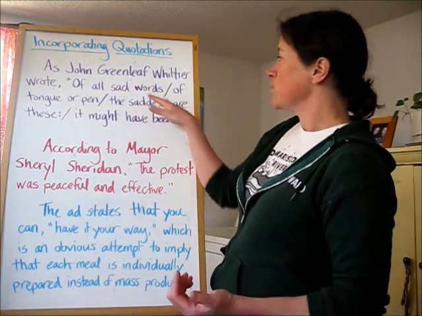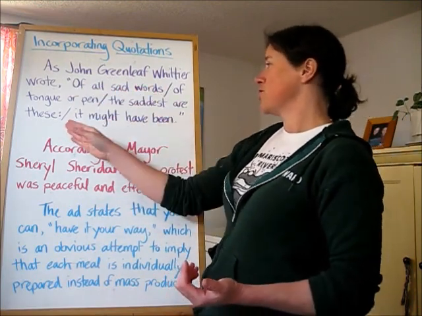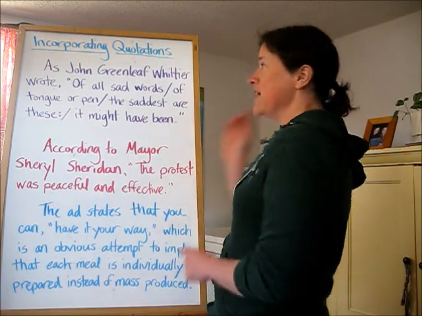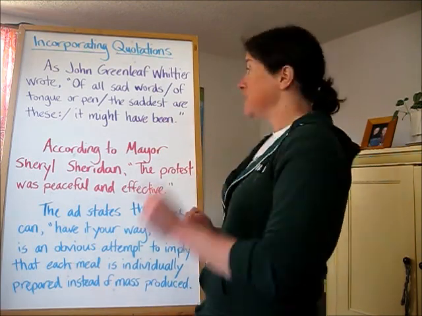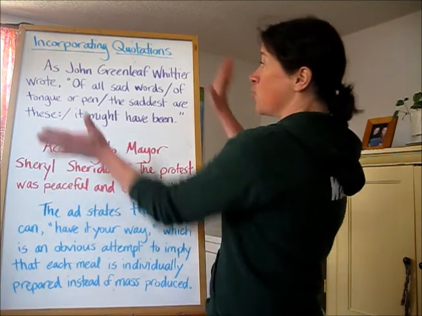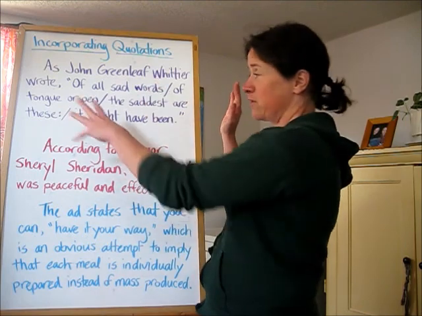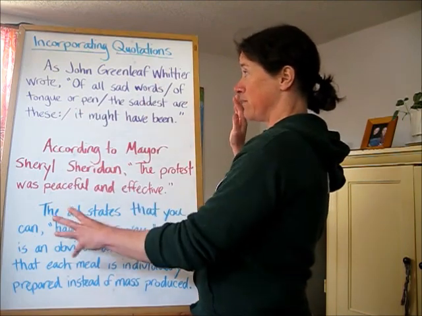Of all sad words of tongue or pen, the saddest are these, it might have been. So that's his short little poem. Because it is a short piece, we can incorporate it right into our sentence. We don't need to set it off in a separate paragraph of its own.